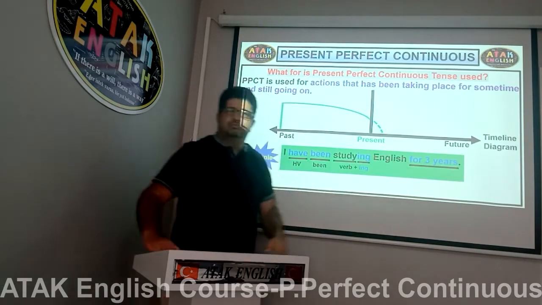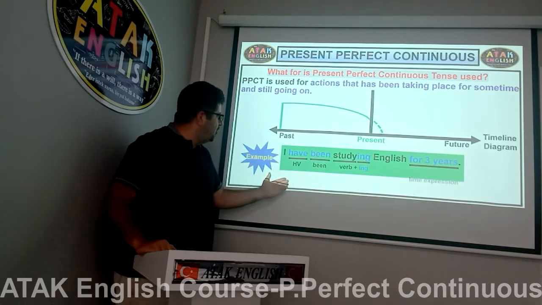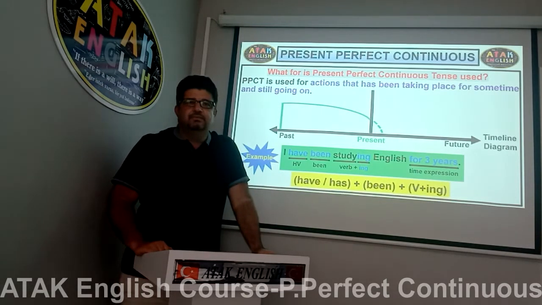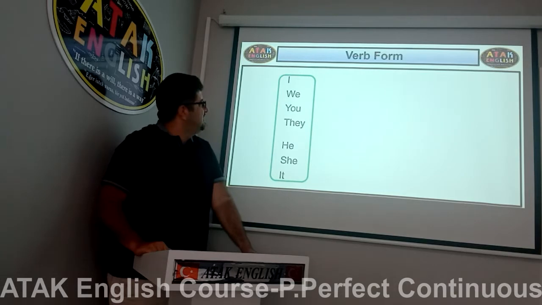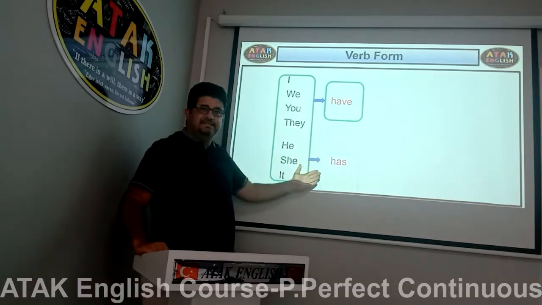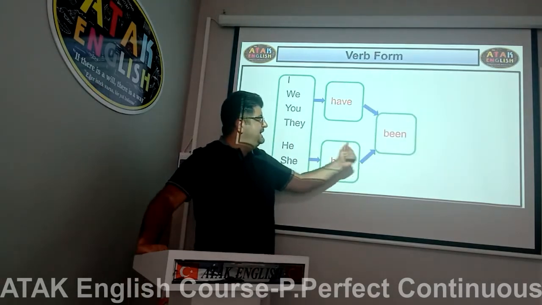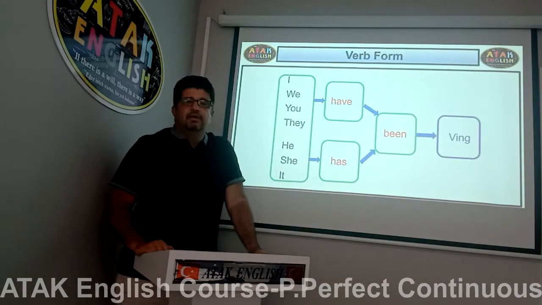And for is also a time expression used for present perfect continuous tense. What is our word format? Have, has, been plus verb ing. I'd like to see the verb format once more. Subject plus have, has, our helping word for present perfect continuous, been plus verb ing. That is our word format.